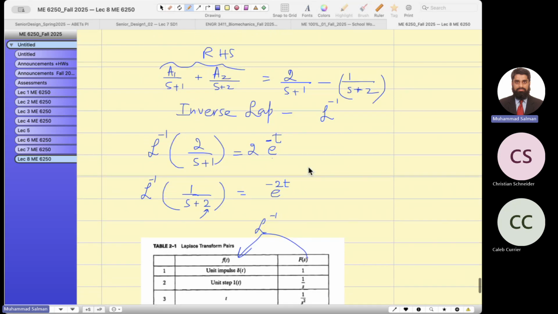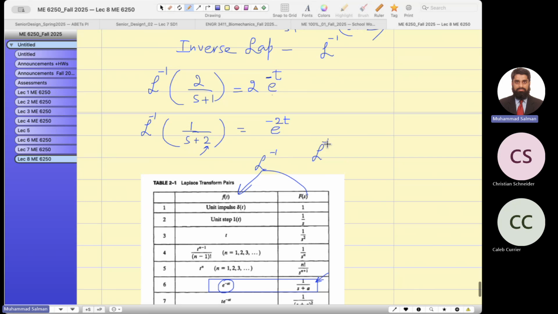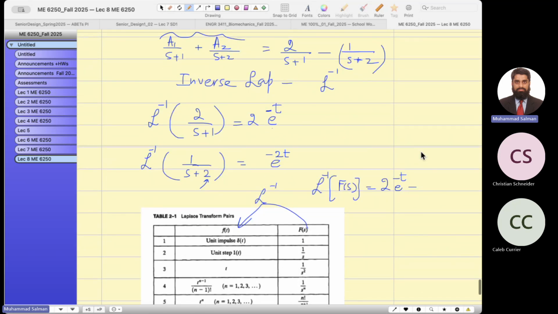So I'm writing down the complete answer of our inverse Laplace of F of s equals 2 e to the negative t minus, yeah, this is a minus sign, so minus e to the negative 2t. Do you understand this question?